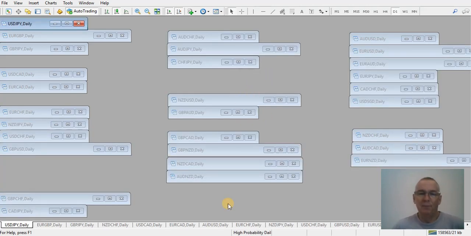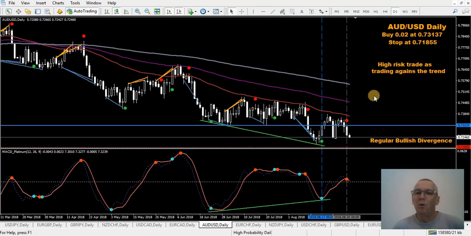Alright, so this is the high probability daily charts. Let's just go through these. Aussie USD, I was in a buy here this morning. I closed that buy for a loss. Basically, new red dot, QMP dot, red above the MACD.